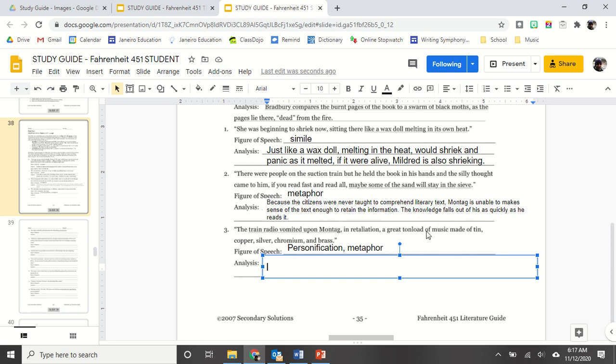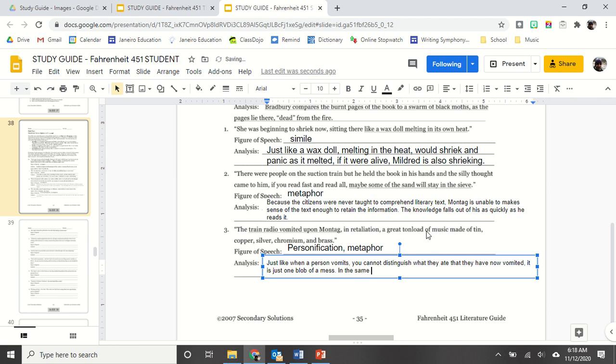So in my analysis, I would write that just like when a person vomits, you cannot distinguish what they ate and have now vomited. It is just one blob of mess.